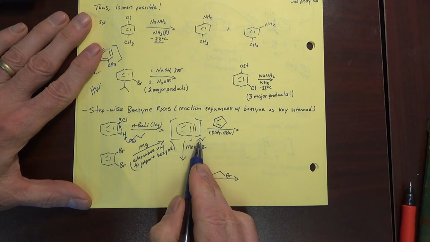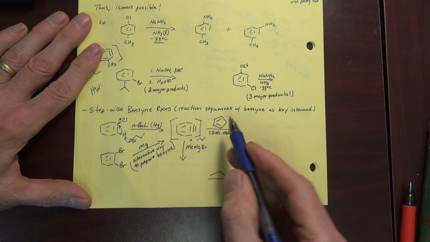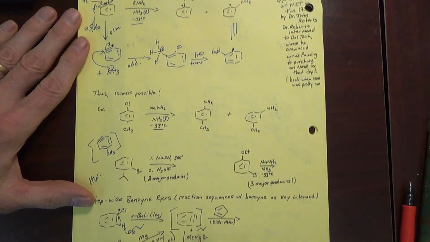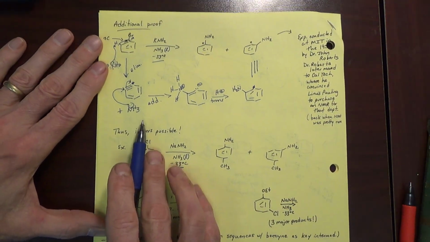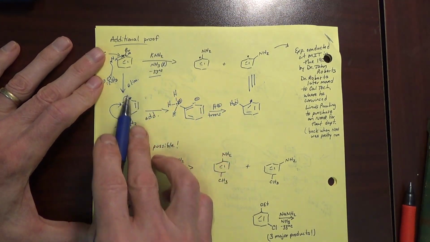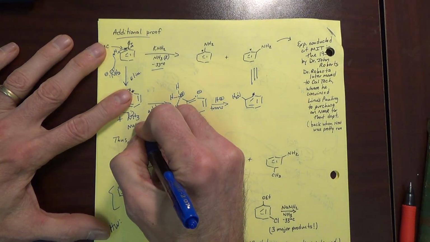Now, butane is not going to act as a nucleophile. And so this is just going to sit there, and we can throw in other reactants. See, in our previous examples, if we use, for example, potassium amide, we create the benzyne plus ammonia, and ammonia is going to act as a nucleophile.